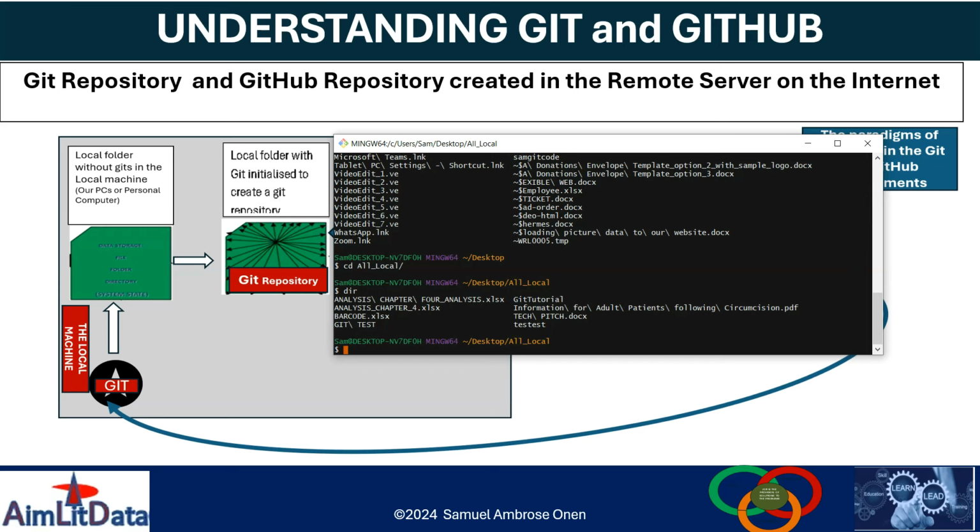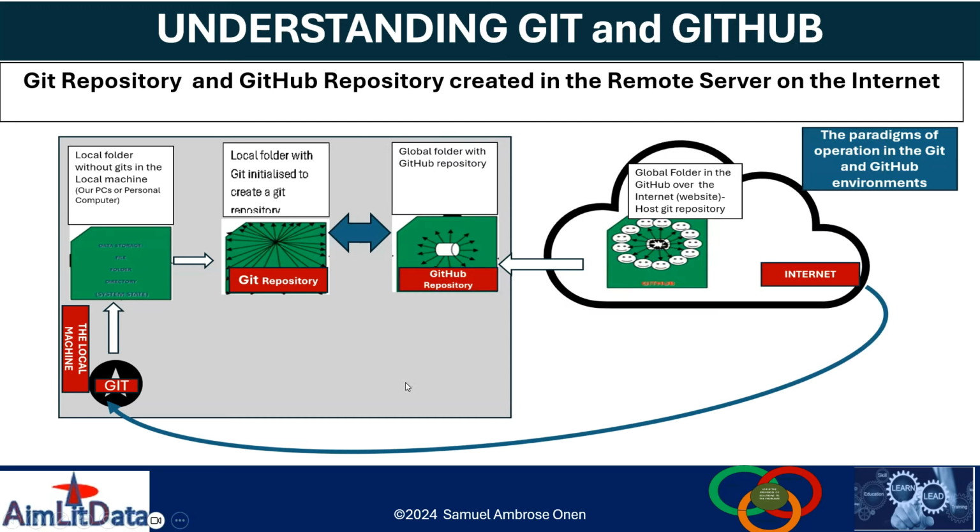I was trying to create a barcode for some product as well, but that's not what we are interested in. Our interest is to get inside the Git tutorial folder. And that Git tutorial, my friend, is what I told you about. The Git tutorial is the local repository I created locally.